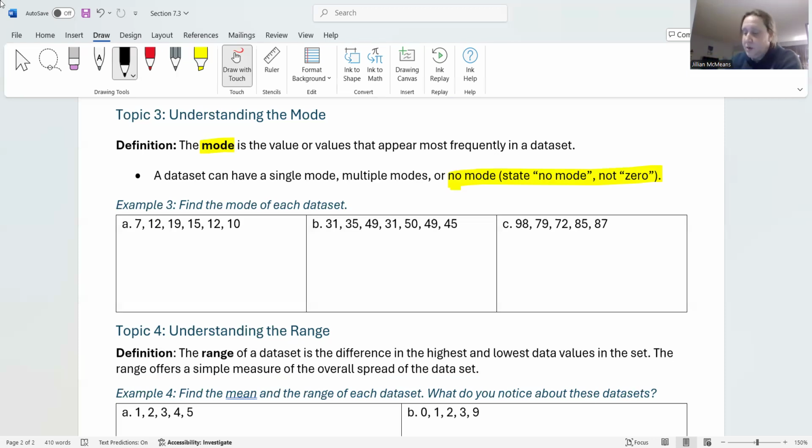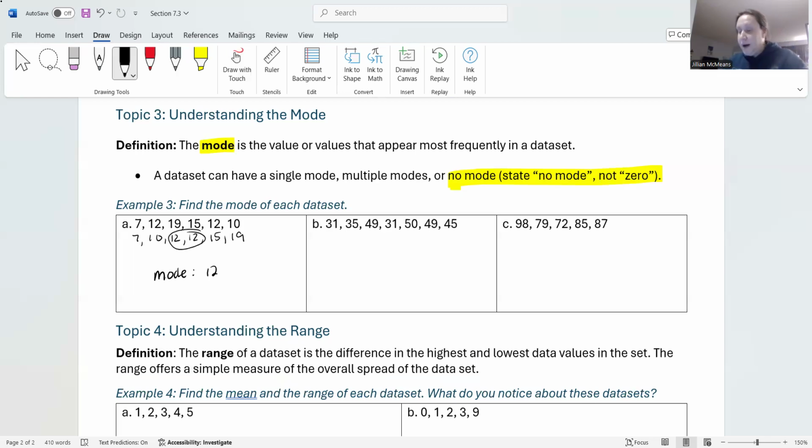So let's put these in order: 7, 10, 12, 12 again, 15, 19. We can see clearly that 12 shows up twice. All of the other data items only show up once. So for part A, the mode is 12, the most common data item in this set.